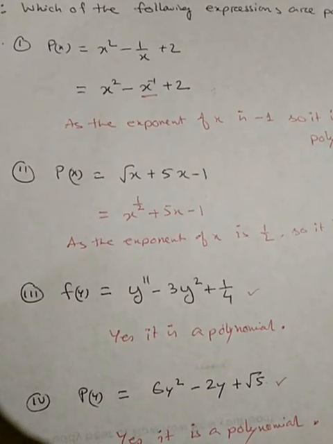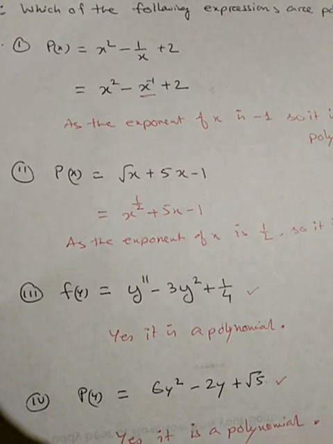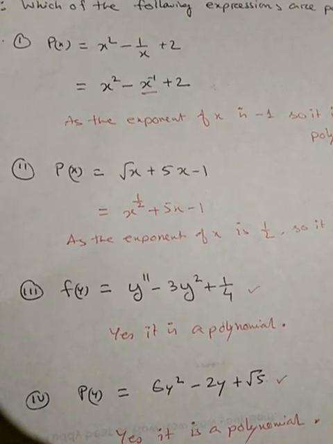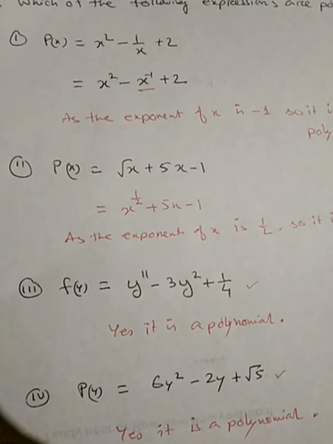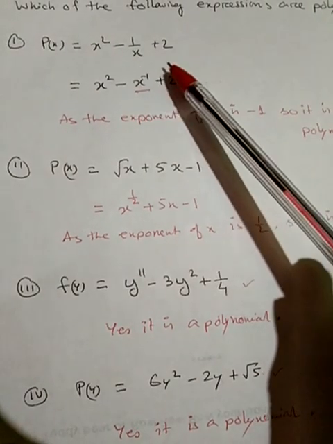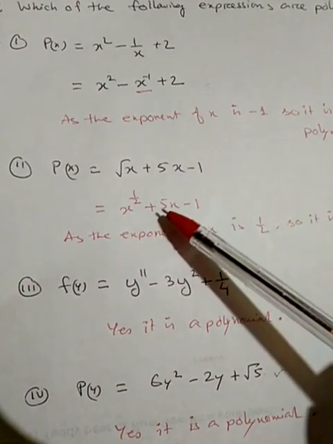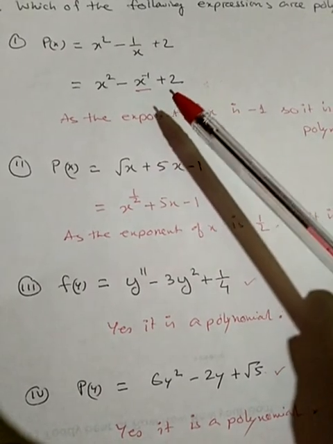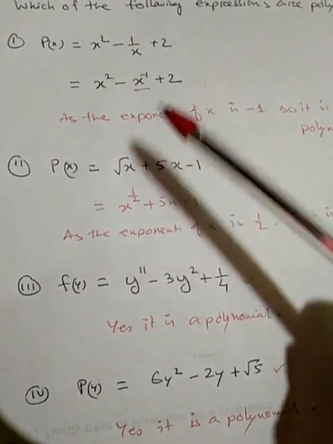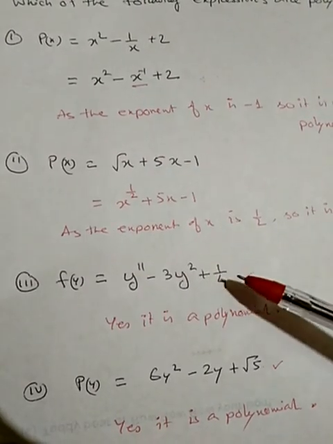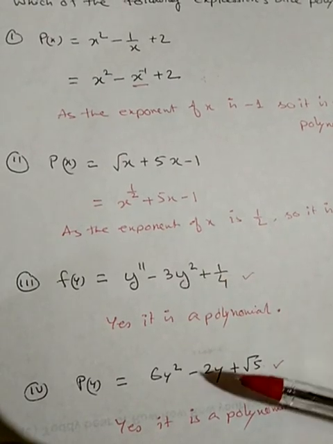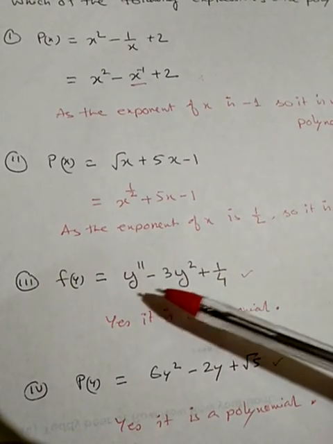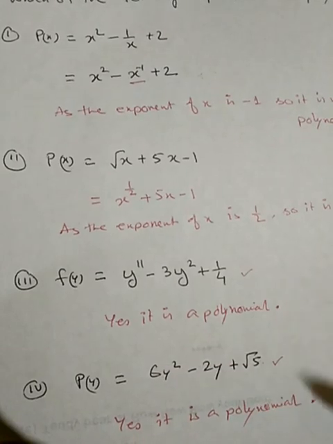And finally we have discussed some expressions which might not be polynomials, as here the exponent is negative, here the exponent is a fraction, so these are not polynomials. And these can be polynomials because the exponents of the variables are all whole numbers.